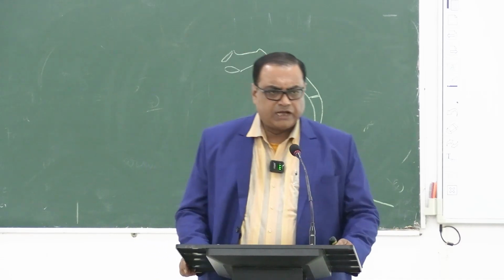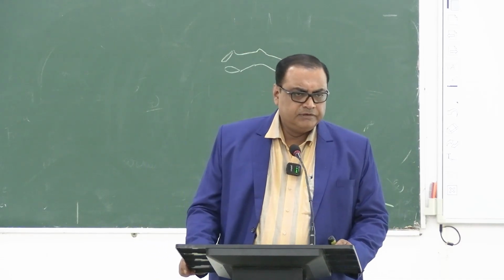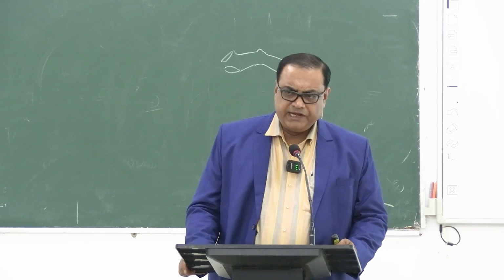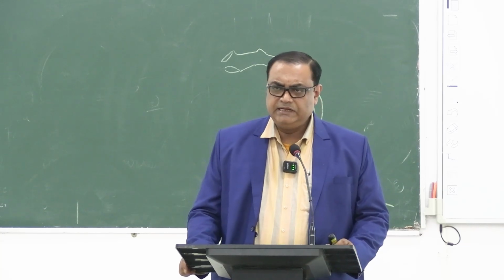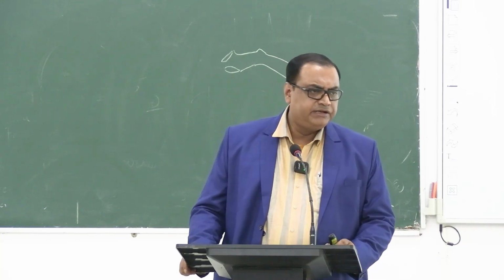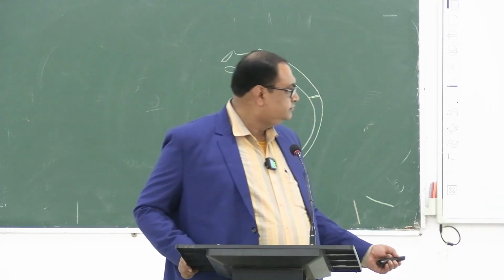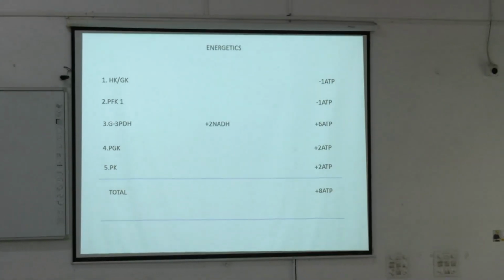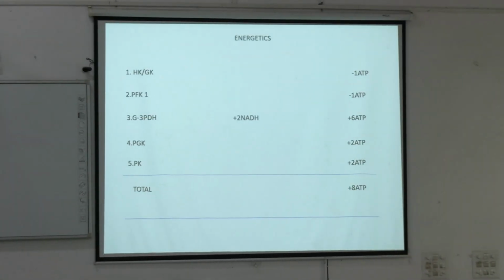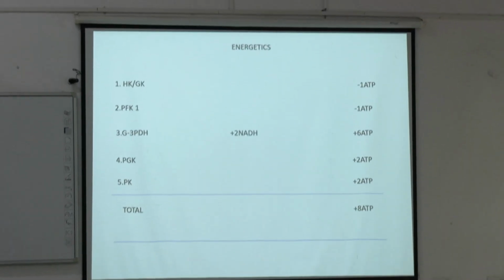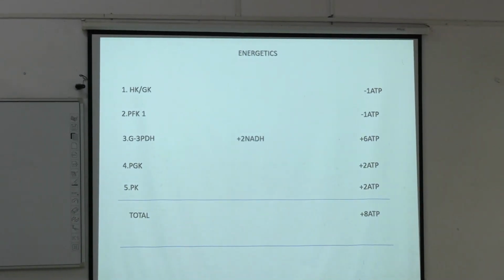Then draw a line, then add up, net gain, plus 8 ATP. Okay. This is aerobic. Then you give the subheading anaerobic glycolysis and continue the same table.